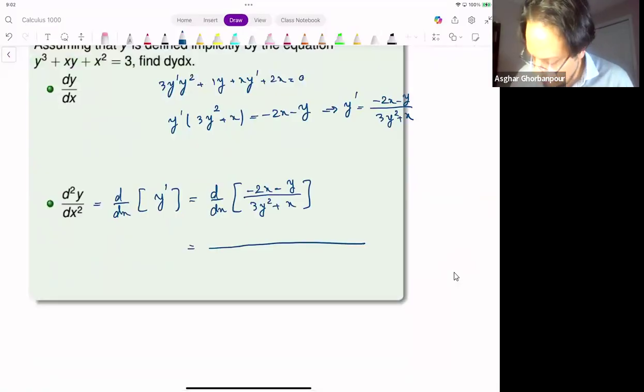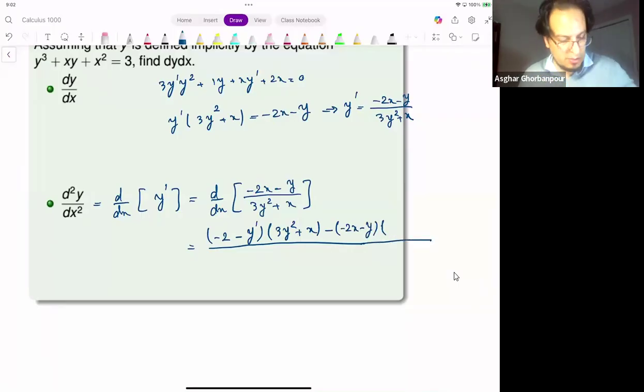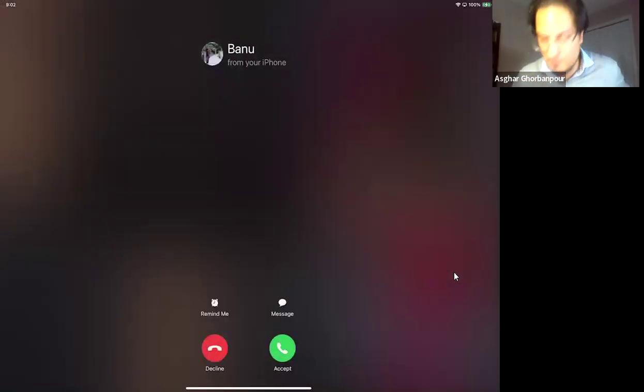Derivative of the numerator, minus 2 minus y prime, times the denominator minus the numerator itself times the derivative of the denominator.